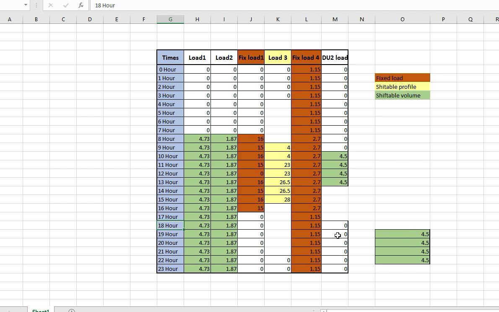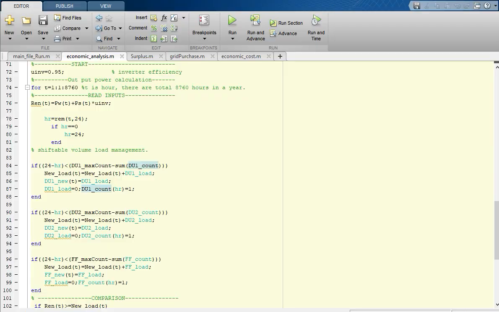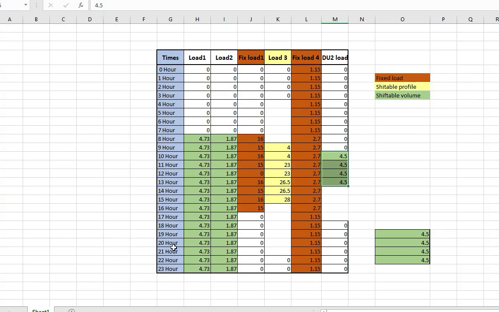So it is necessary, at minimum, in the last 4 hours to adjust this load, so the count will be 4 because this load is operated for 4 hours. So here we have 4 hours remaining because we are at this point, the last 4, 1, 2, 3, 4, at the 20th hour. So we have 4 hours remaining.